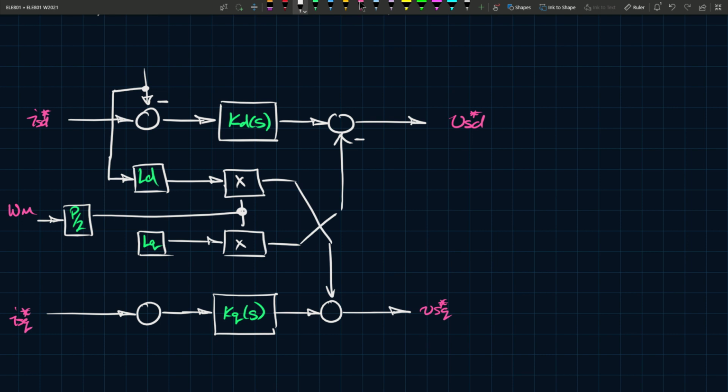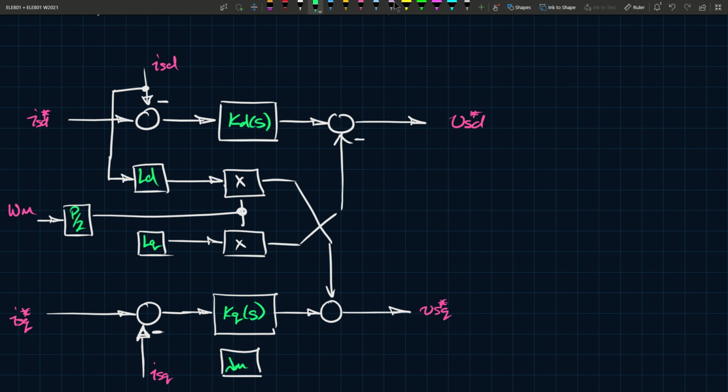But before we can do that, we also need a term here, and this term here should be ISQ, and this term here should be ISD, and this should be subtracted here, and this here needs another feed forward term.